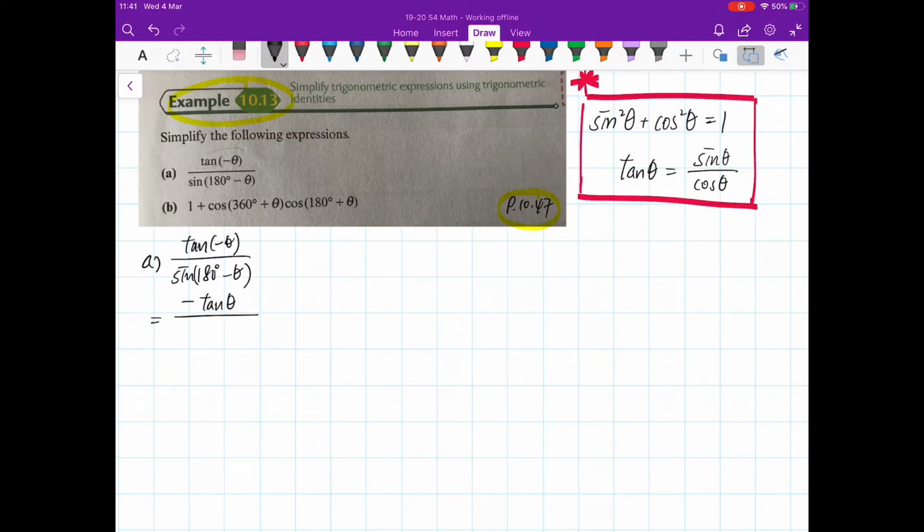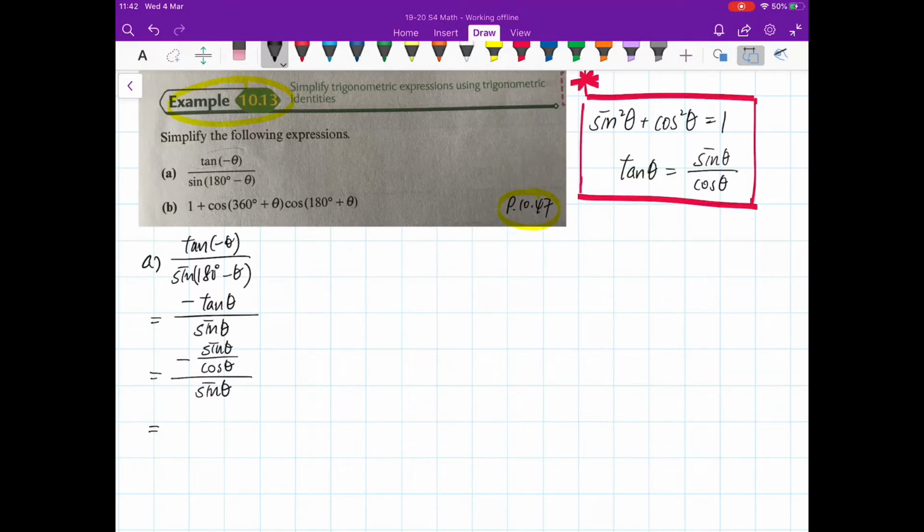Sine 180 degrees minus theta becomes sine theta. For the next step, we transform tangent theta into sine over cosine, so that it becomes negative sine over cosine over sine theta.